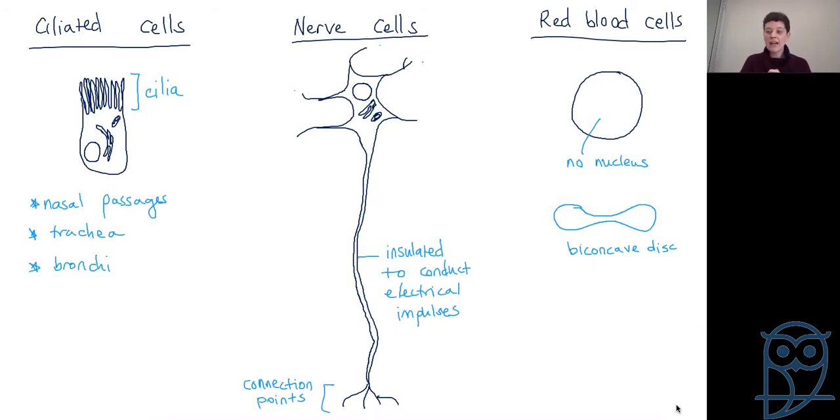So let's now have a look at the sex cells and how their functional differences and their structural differences are related. So we would have the egg and we would have the sperm.